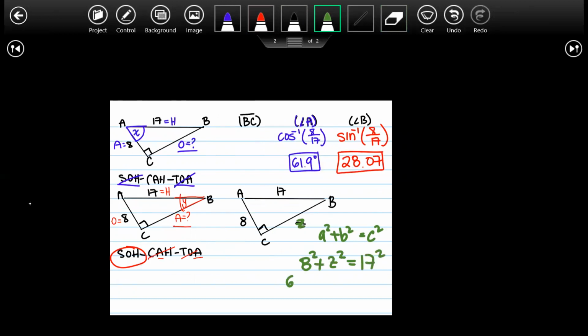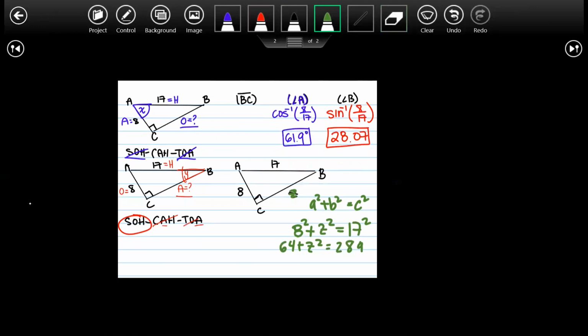We're going to get 64 plus z squared equals 289. And then you're going to get z squared is equal to 225. Z is equal to 15.